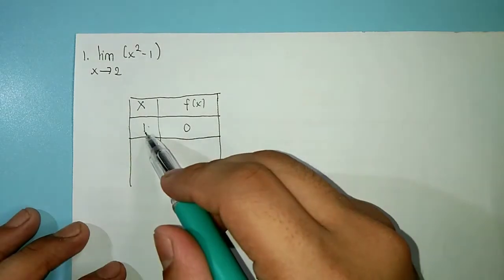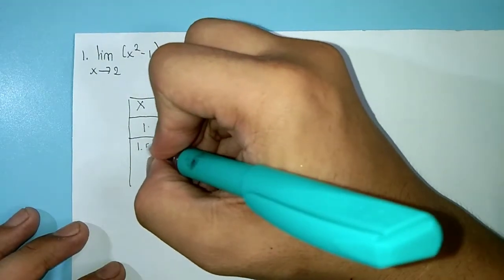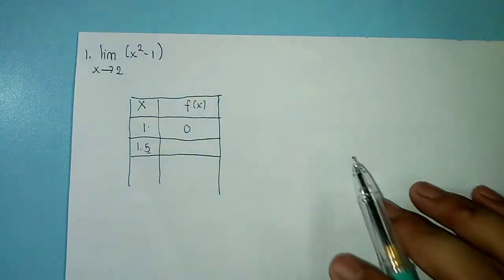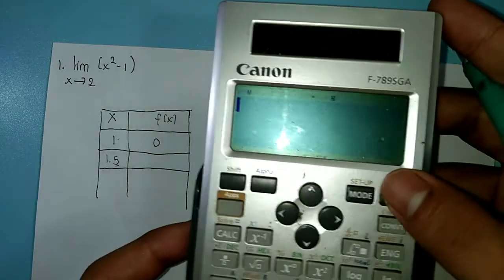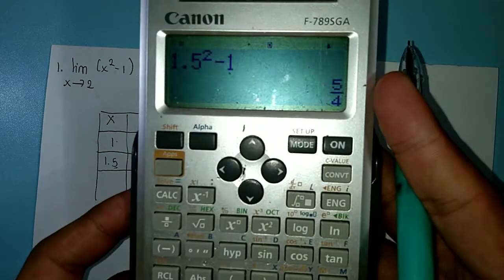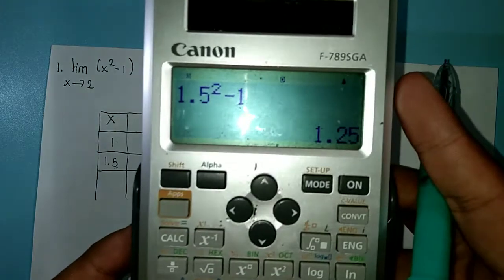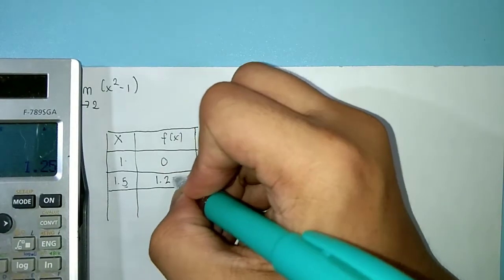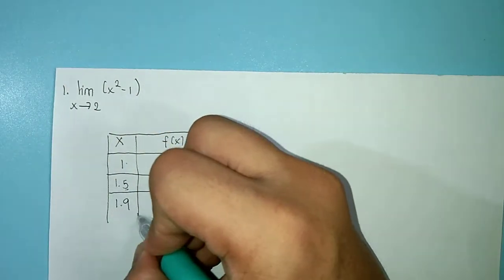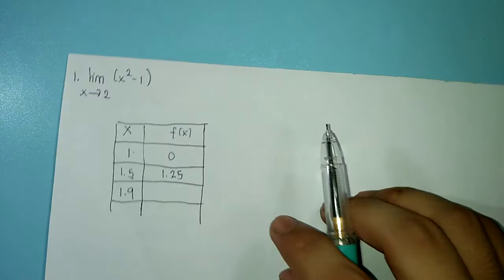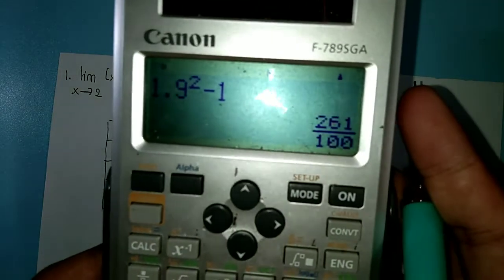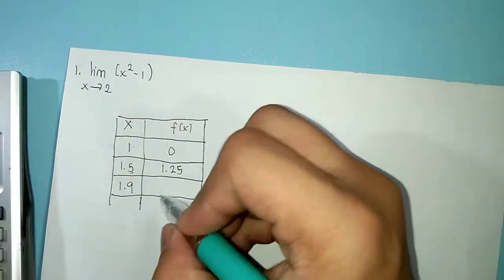So let's approach from 1. Let's have 1.5. Substitute here, we can use a calculator. 1.5 squared minus 1 will be 5 over 4 or 1.25. Let's approach further. Let's try 1.9. The value of f of x for 1.9 will be 2.61.